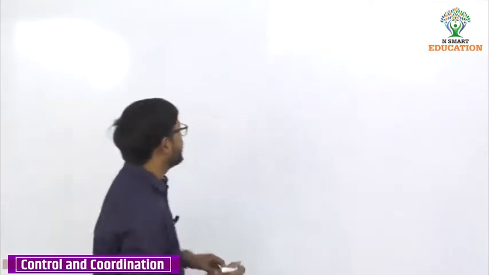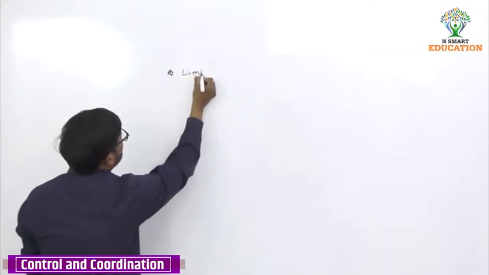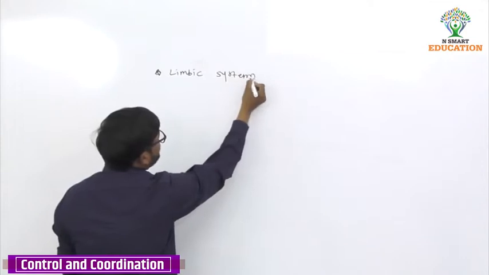Okay, now about the limbic system. What exactly is the limbic system? Very important. Limbic system, it is very simple.